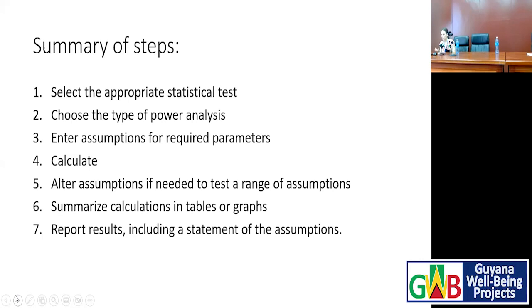Next, we enter the assumptions for the required parameters. We calculate. Sometimes we'll go back and alter the assumptions if we need to test a different range of assumptions. Next, we can summarize our calculations in tables or graphs. And then finally, report the results, including a statement of assumptions.